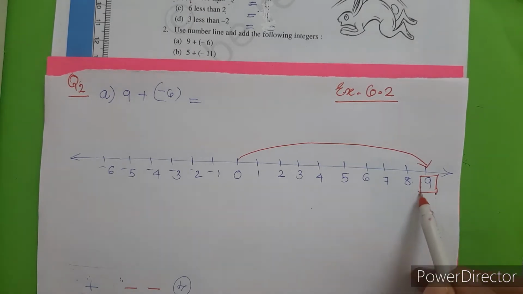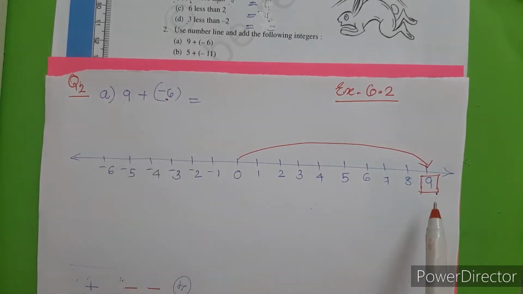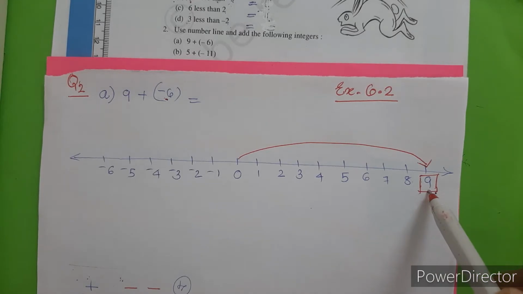Then we have to add minus 6 to 9. Minus 6 is a negative integer, right? In the case of a negative integer, we move in the left direction from the starting point on a number line. So 9 is the starting point.